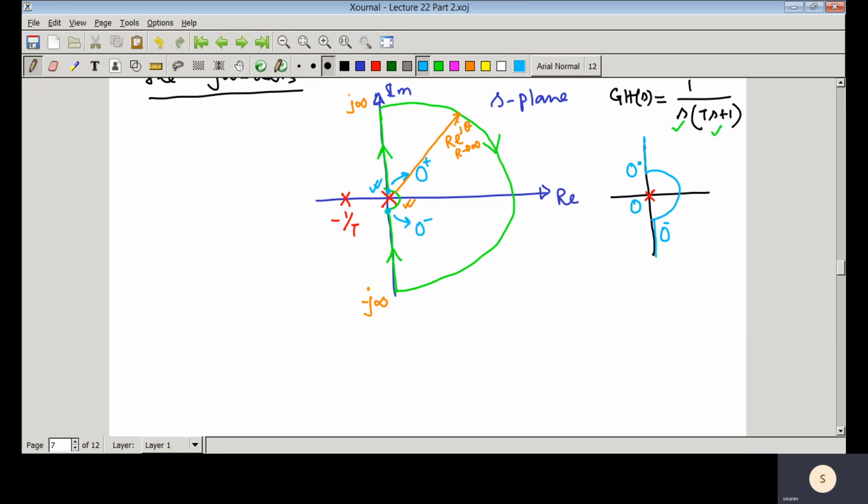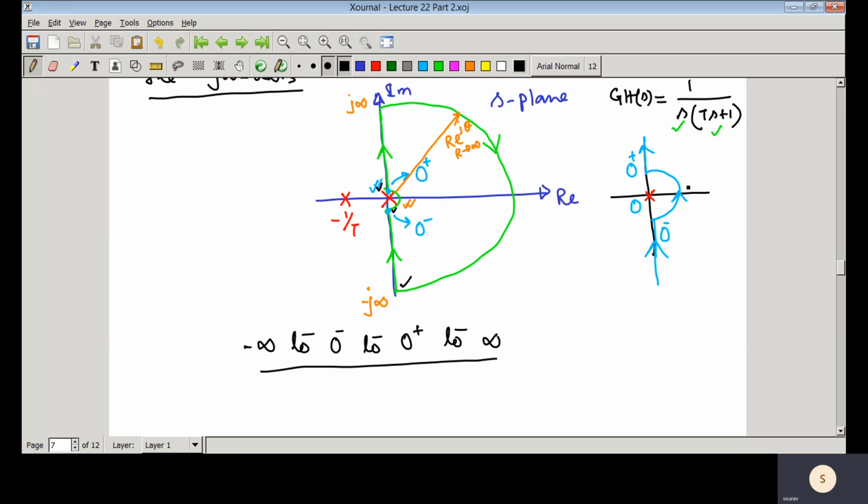This is 0 minus, this is 0 plus. The variation of omega is from minus infinity to 0 minus, to 0 plus, to plus infinity.